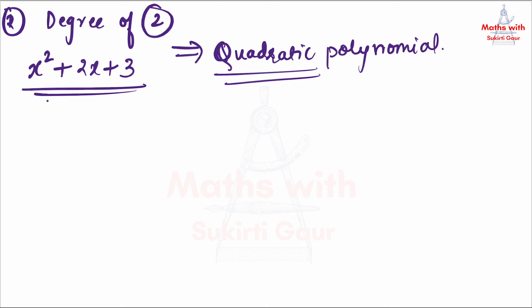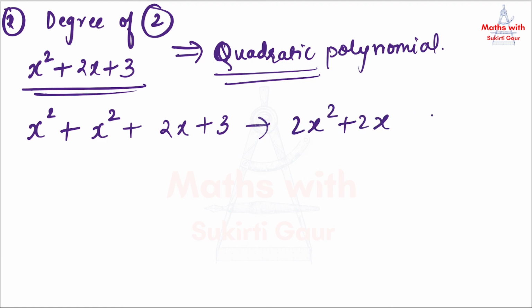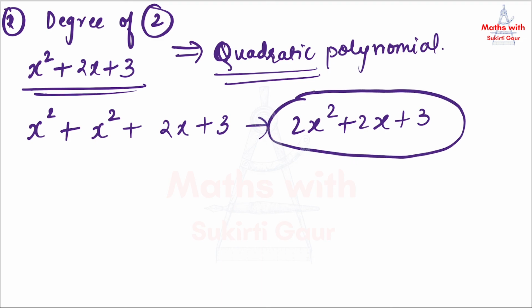Example is here. Here also we cannot have 4 terms in a quadratic polynomial, because if I try to write x square plus x square plus 2x plus 3, it is going to be 2x square plus 2x plus 3. So it is going to be only a 3-termed polynomial, because we only want the highest power 2.